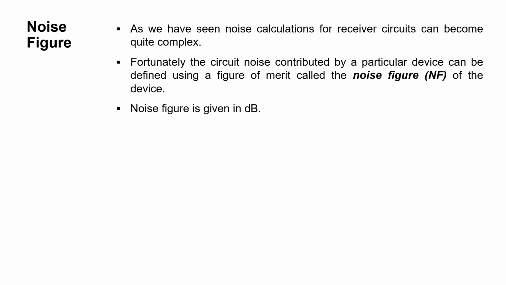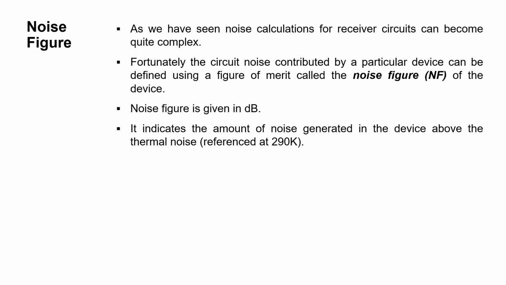Then if you get an electronic device that will be required inside your communication device, you will see that that electronic device will come with a data sheet, and each data sheet will have its noise figure, generally in dB.